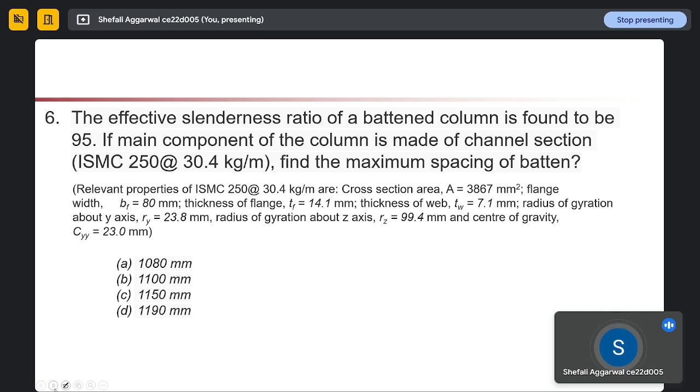So next question is, the effective slenderness ratio of the batten column is found to be 95. If main component of the column is made of channel section, this is the channel section given, find the maximum spacing of batten. So this is the relevant properties of our channel section.